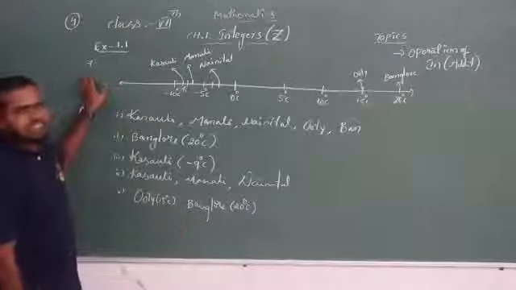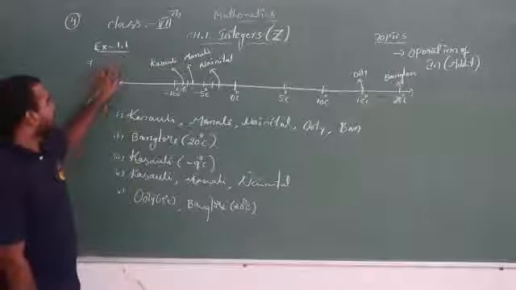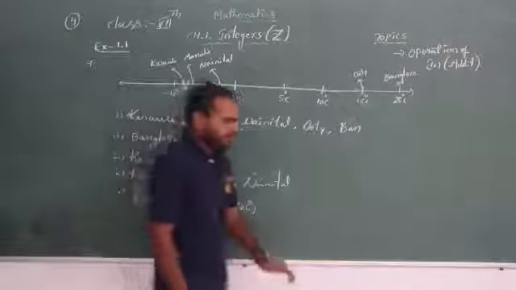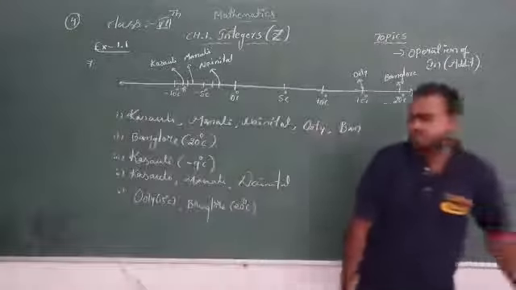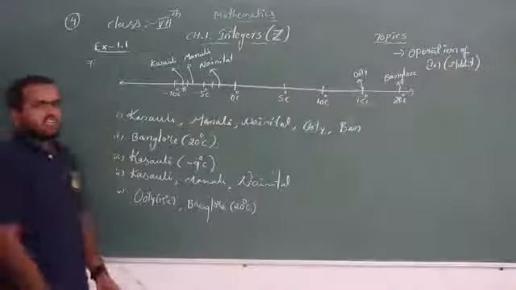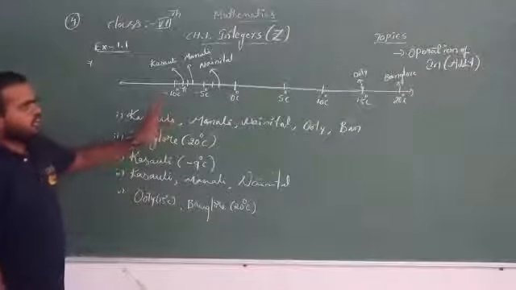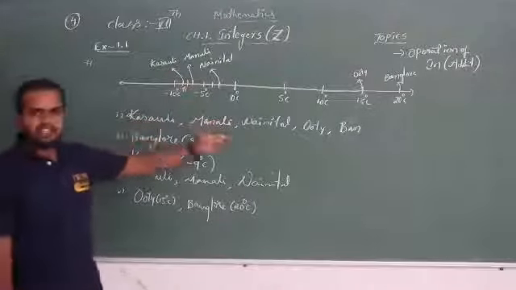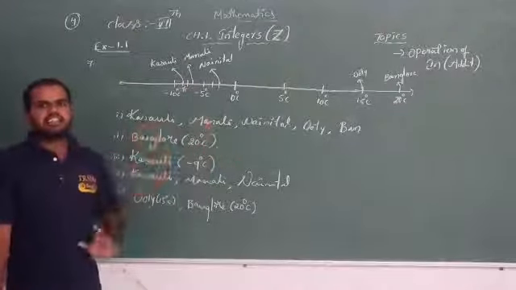Okay, so that was the 7th question from exercise 1.1. Now we are going to start the topic operations of integers. In the last class I already started operations of integers, so once again I will repeat that. After the word problems we start exercise 1.2.